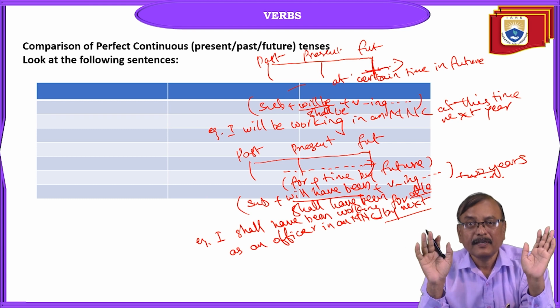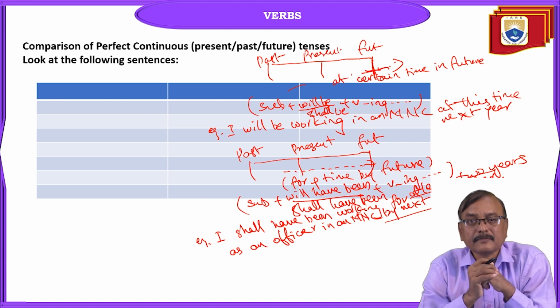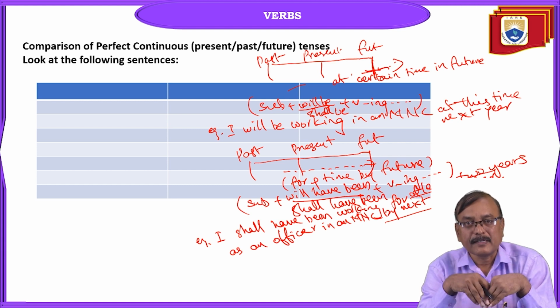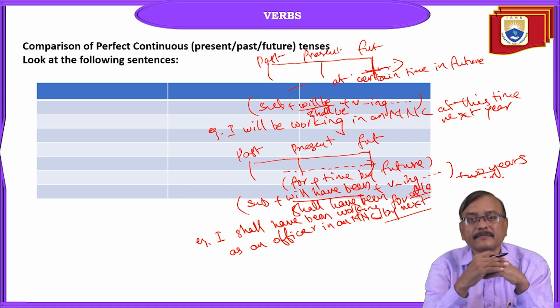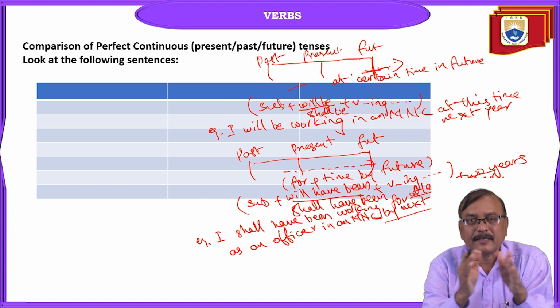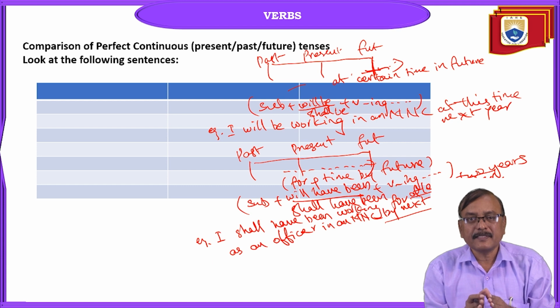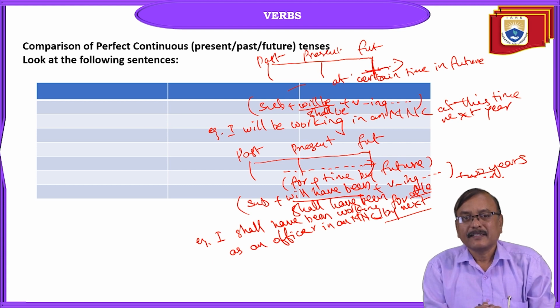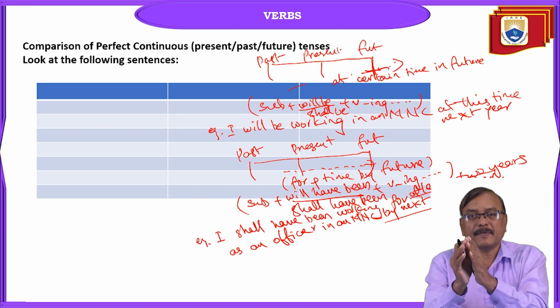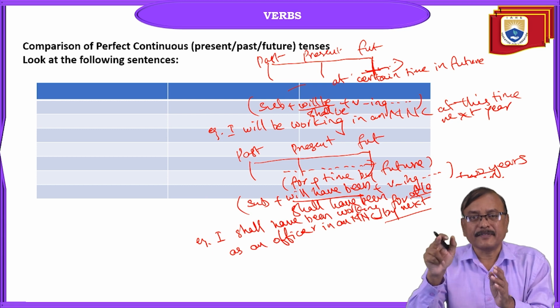There are 6 types of continuous tenses. Okay, present continuous, present perfect continuous. Past continuous, past perfect continuous. Future continuous, future perfect continuous. You have to make a comparison. Okay, present continuous means present continuing. Present perfect continuous means before present, they have been continuing for some time. Past continuous means at a particular time actions continuing.